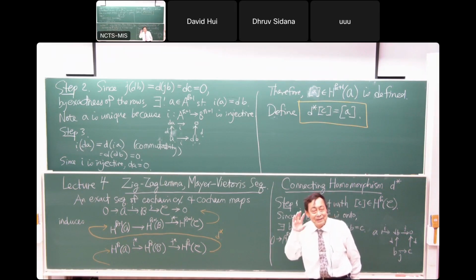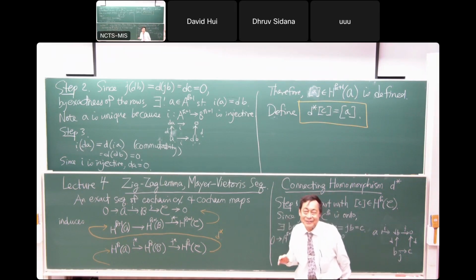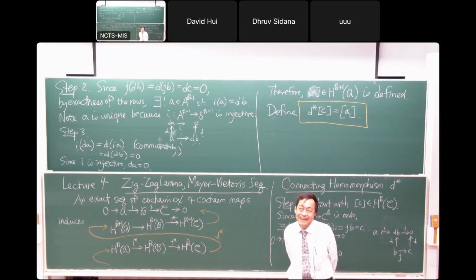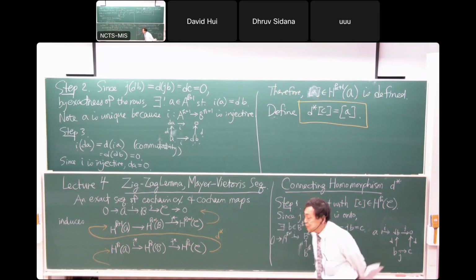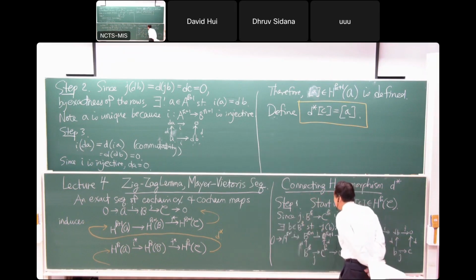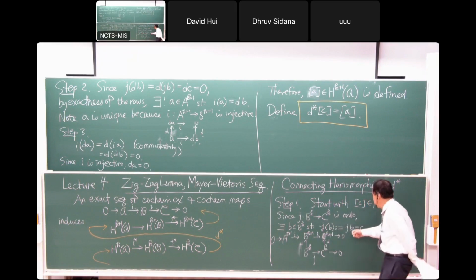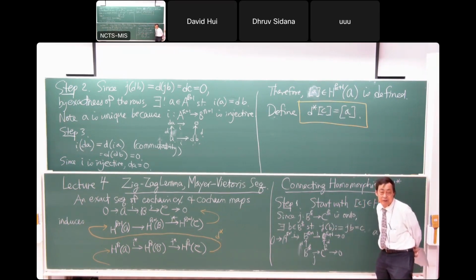No, what choices have I made? The B. Yeah, I made a choice of B because there could be many different B's that map to C. So I made one choice there. What's another choice that I have made?